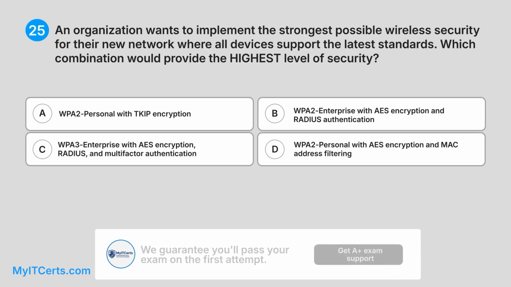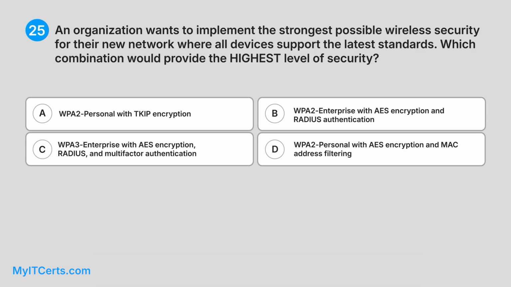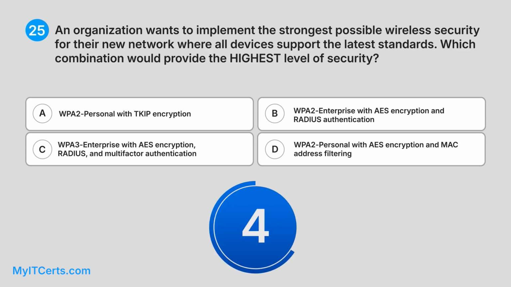B. WPA2 Enterprise with AES encryption and RADIUS authentication. C. WPA3 Enterprise with AES encryption, RADIUS and multi-factor authentication. D. WPA2 Personal with AES encryption and MAC address filtering. Can you guess the answer?